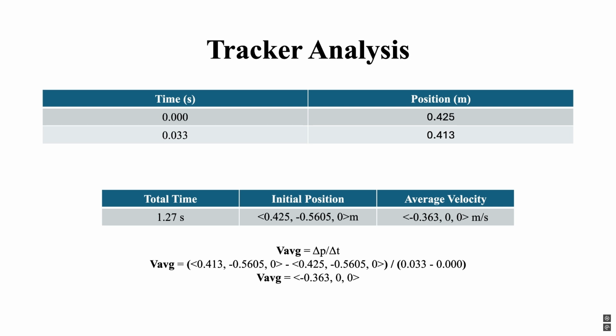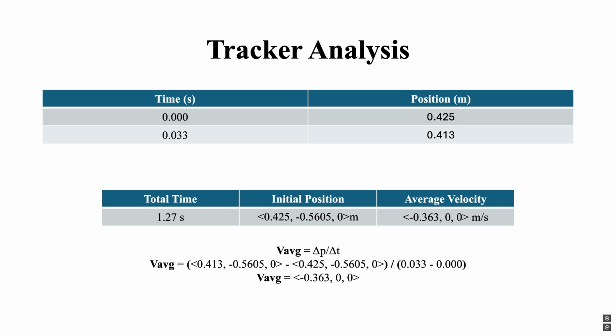In the Tracker analysis, we use two different points of time and positions to calculate the average velocity. The average velocity was taken by calculating the change in position over change in time, which yielded us with a negative 0.363 meters per second average velocity in the x direction.